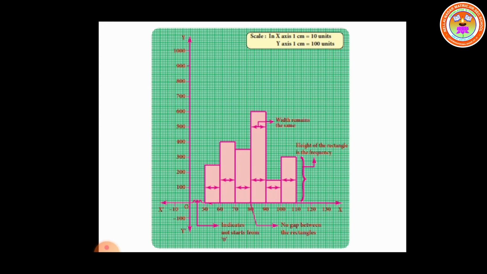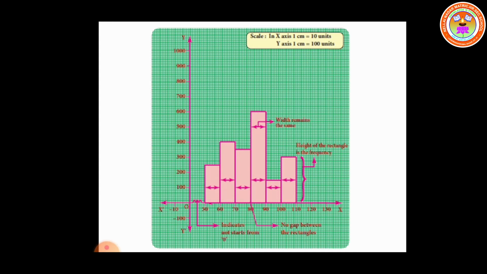The scale given is 1 centimeter equal to 10 units on the x-axis and 1 centimeter equal to 100 units on the y-axis. And see each rectangle: the length is the class interval length and the height is the respective frequency.